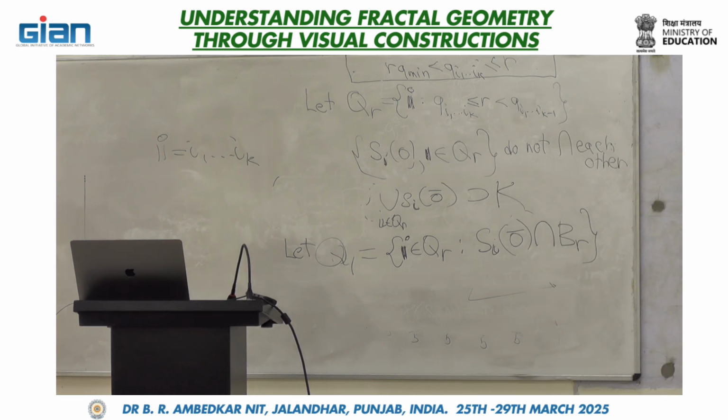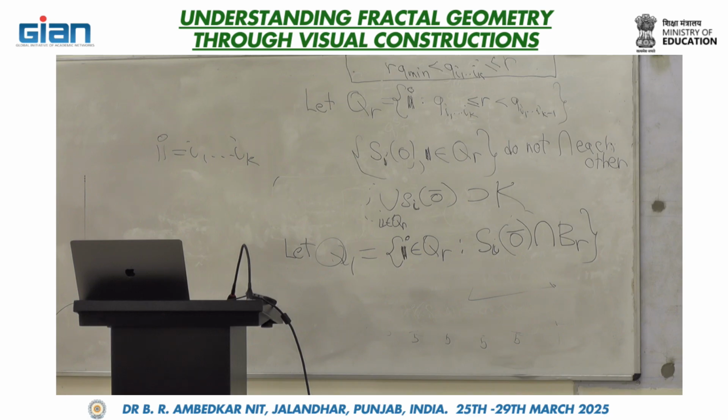Now we have the following picture. Instead of copies, we have the images of the open set. The copies can intersect each other, right? But open sets are disjoint in the family QR.